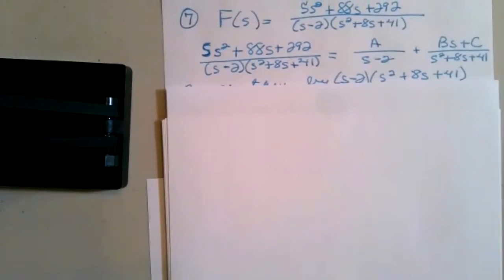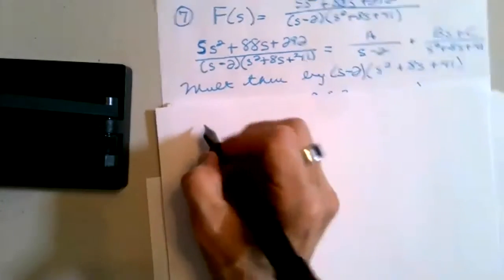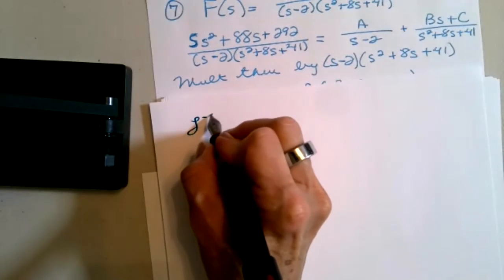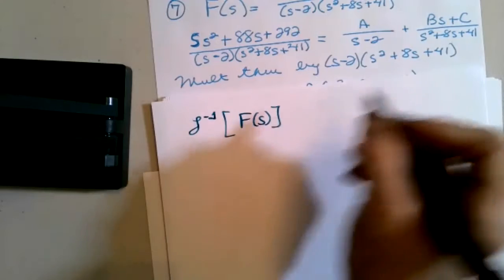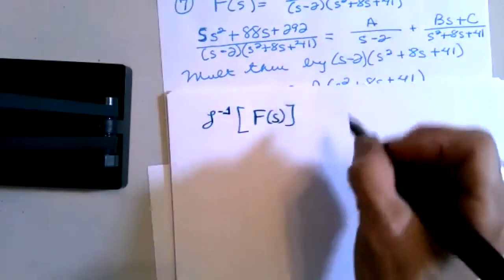So we go to here. Okay, so the inverse Laplace transform of our f. I'm not going to write it all out again. Let's see, A was minus 8.